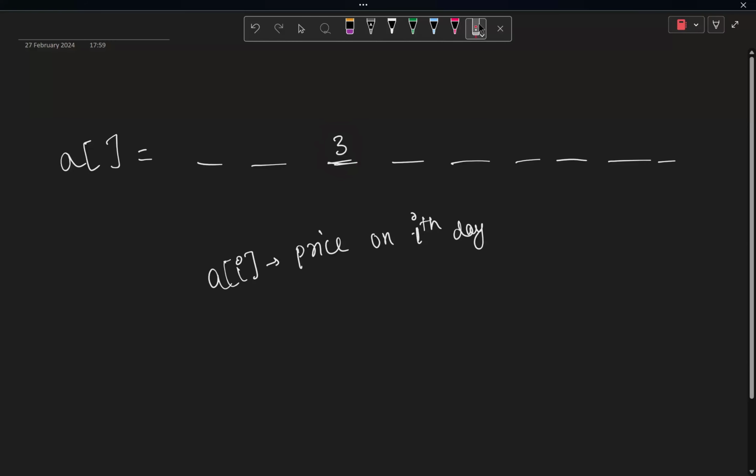Let's leave the story, just talk about the constraints. You will be given an integer m which tells that on any day you cannot buy more than m tickets. So if m is equal to 2, then you cannot say I will buy 5 tickets at the price of 3.